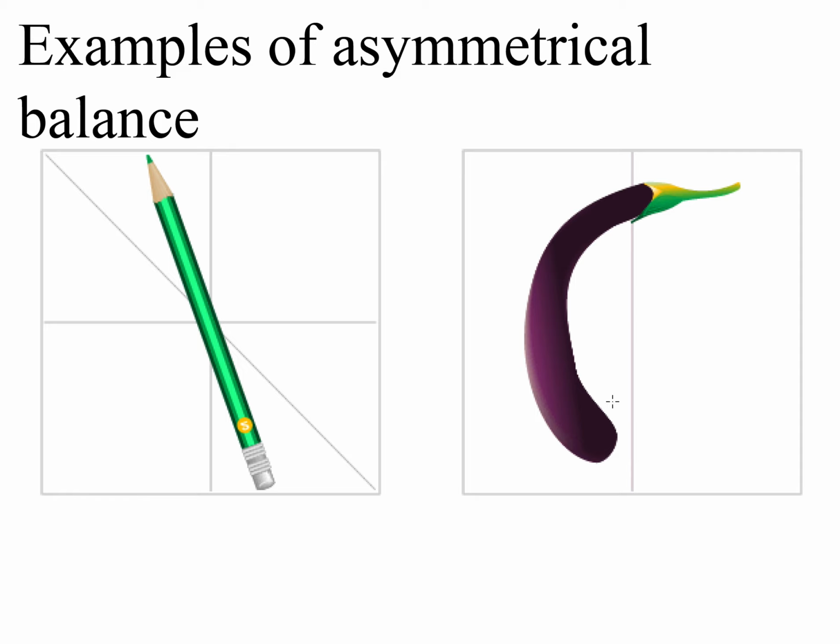And same with this eggplant. You see that the bottom of the eggplant is more purple and wider. Even though the top does not have that, it does have something that's contrasting with it. It has the stem, which is green and yellow. And so together, these are all complementary colors and it balances. So most of the weight is on the left-hand side, but this is visually contrasting enough to provide asymmetrical balance.